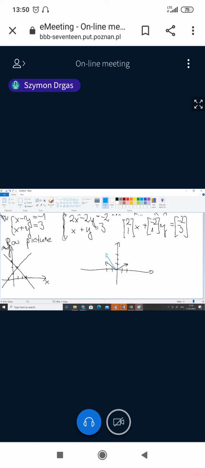The first vector is multiplied by 1, the second vector is multiplied by 2, and the addition of these two vectors should give the same result as the right-hand side vector.